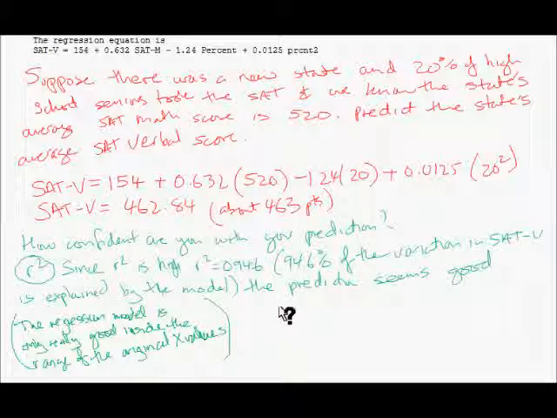I need to get the range for the math scores. I need to look at the range of the percent scores, because those are the ones I'm using in my model. I'm using math and percent in my model. And I want to check to make sure the percent for my new state and the math score for my new state fall inside the range of the original data. If they don't, I don't know if the model holds out there. Remember, when you talked about the verbal scores versus percents, if it's outside the 4 to 74%, so actually I know that's what those are for percent, it's 4 to 74. But I can get it for the math too.